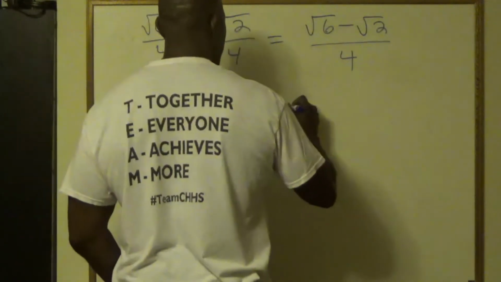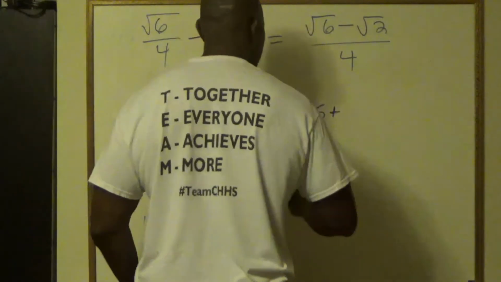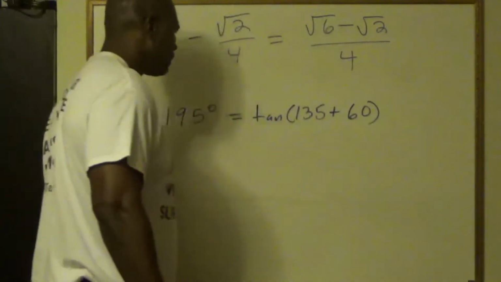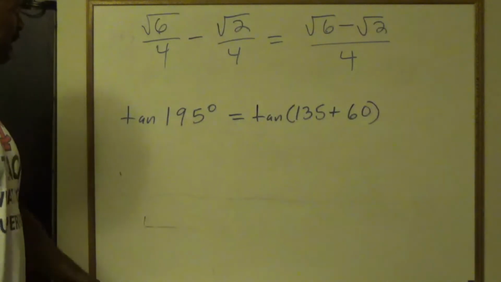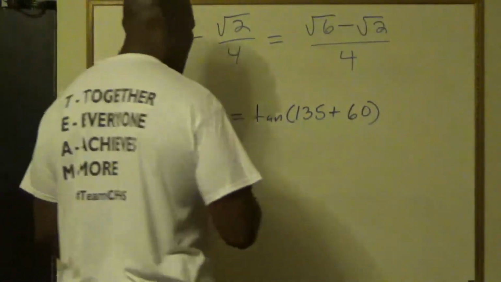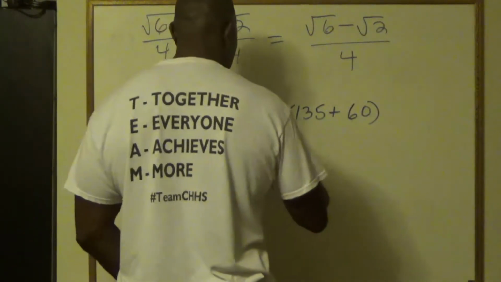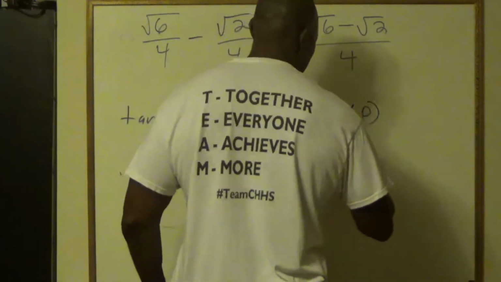I could use the tangent of 135 plus 60. Right? Tangent of 135 plus 60. I could also, and I'm going to make a point about this, I could also use the tangent of 225 minus 30.